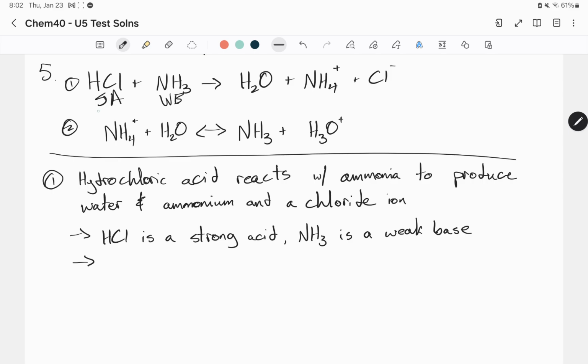What else can we say? Well, if hydrochloric acid is a strong acid, that means the chloride ion, which came from this, must be a weak conjugate base. And if ammonia is a weak base, then we have ammonium, which is a strong conjugate acid.